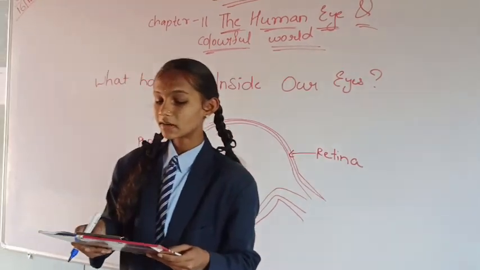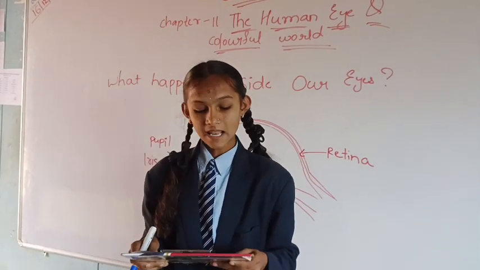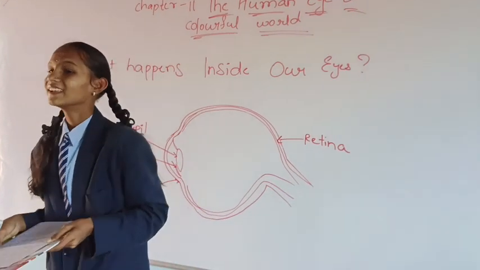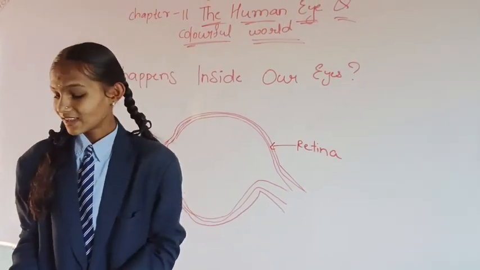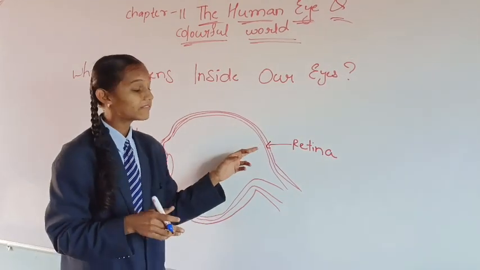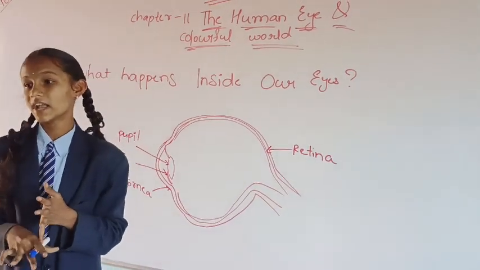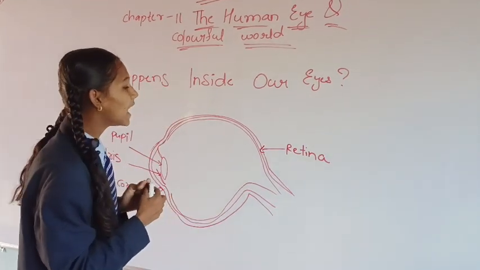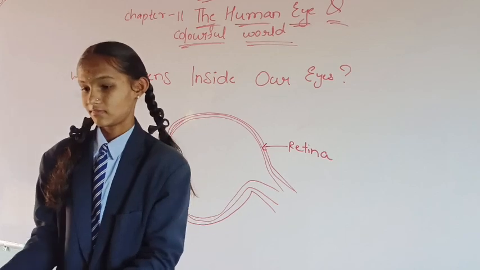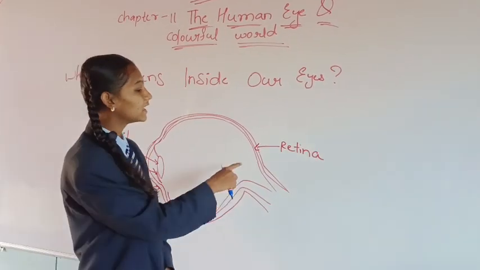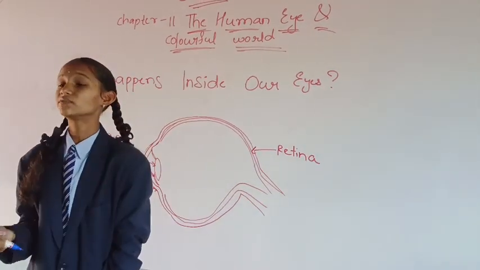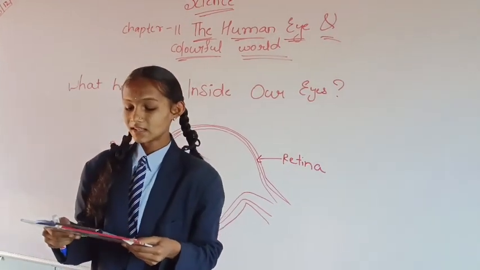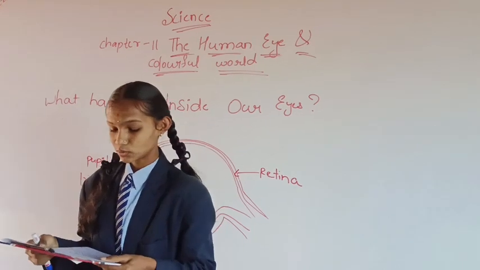The function of the retina is to convert the light energy which we capture in our eyes into electrical energy. Then the optic nerve of the eye transfers it to the brain.